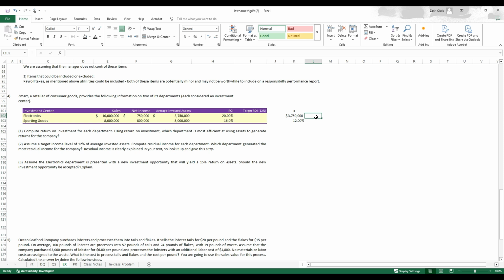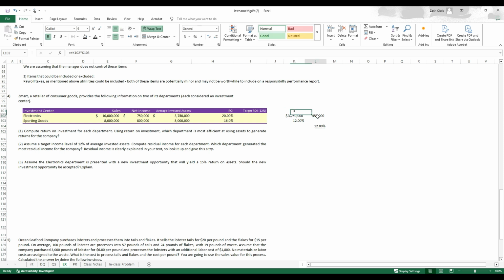I need to write this on a piece of paper to get my brain to work on it. Okay, I think that makes sense. So let's work backwards on this. Basically we're saying if we had $450,000 of net income divided by the average invested assets, that would get us 12%.